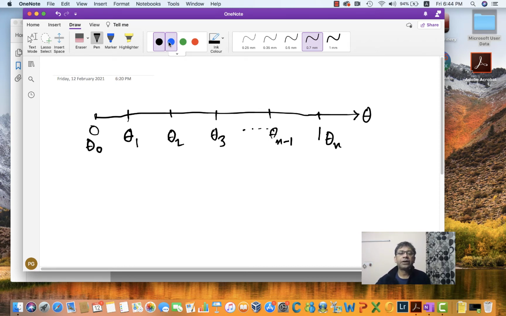Okay, so in equilibrium, there will be n distinct messages. So if theta falls in this leftmost interval, there will be a message m1. If it falls in the next interval, there will be a message m2, m3, and so on. And for the last interval, the message will be mn. Okay?